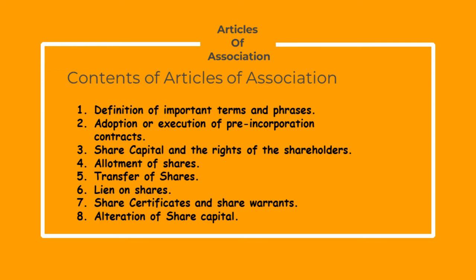In the meeting of the members, if you pass a special resolution, you can alter your articles of association. Again, even if you pass a special resolution, you have to get approval from the central government, right? Even after passing the special resolution, you have to get the approval of the central government for certain things.